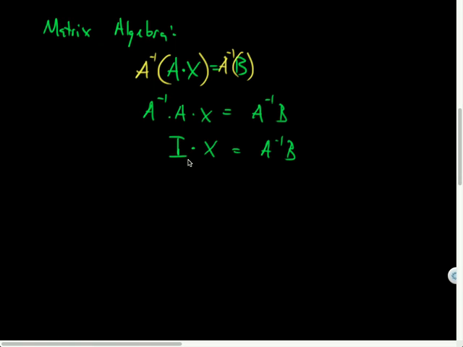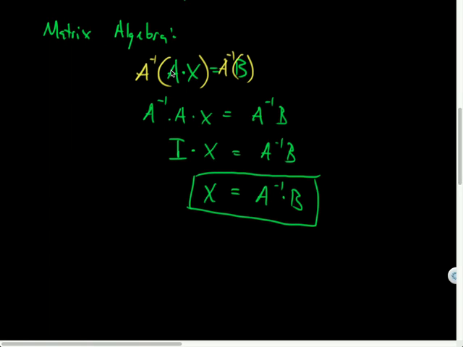Wouldn't it be itself? Itself, yeah. So if I multiply matrix X by the identity, that's just the same as matrix X. So what I'm left with is that matrix X is going to be A inverse times B. And this fact is going to be the one that allows us to solve our system.